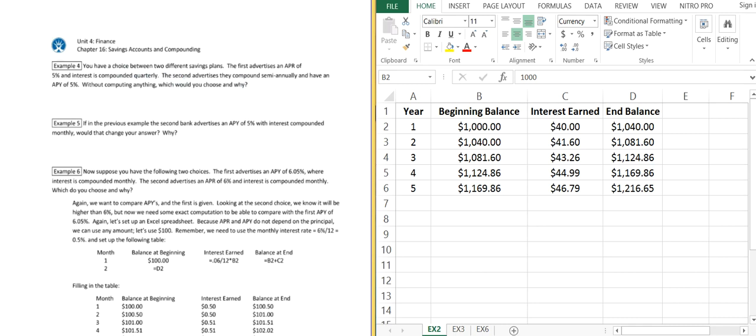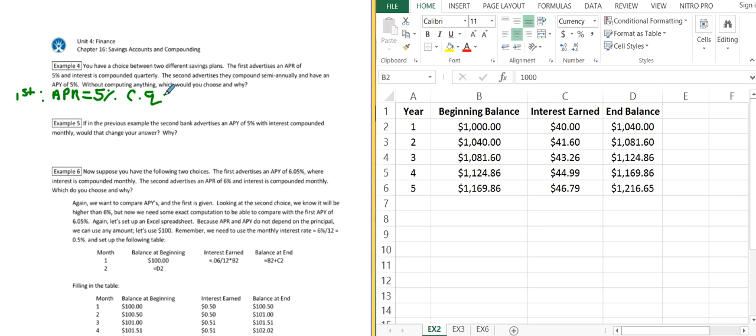So if we were to think about both of these situations, suppose the first account has an APR of 5% and interest is compounded quarterly.